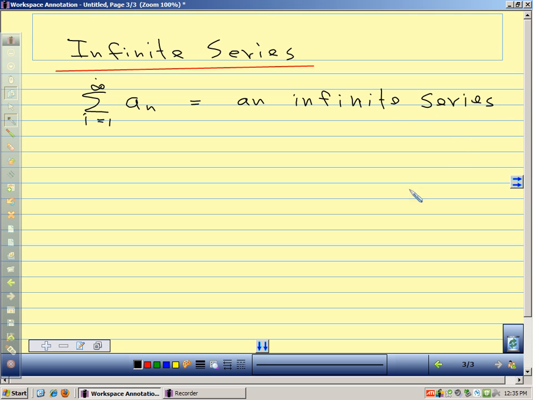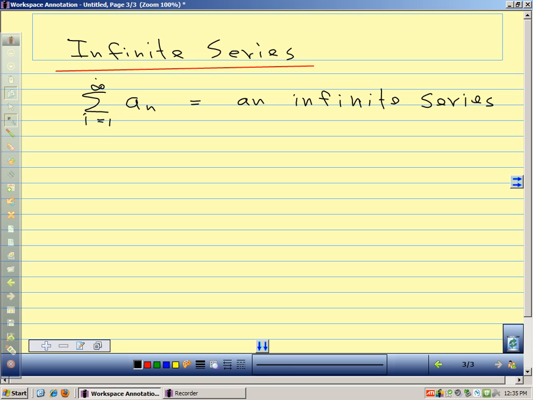And one reason that infinite series are interesting is that depending on our terms, when we add up all those infinite terms, sometimes we get a finite number. A geometric series is one example, and we'll talk about those a little bit in the next couple lessons.